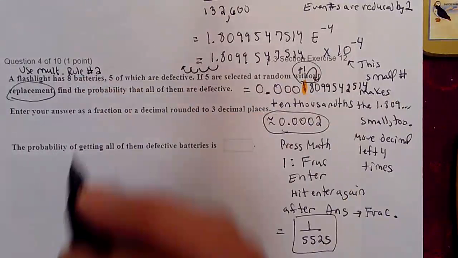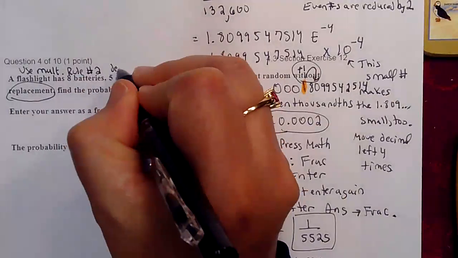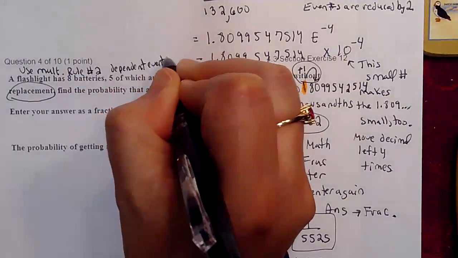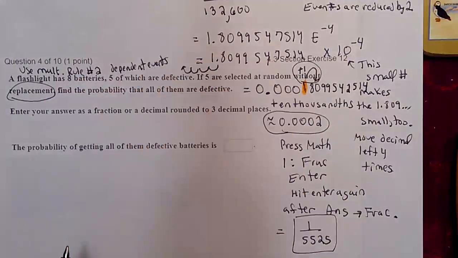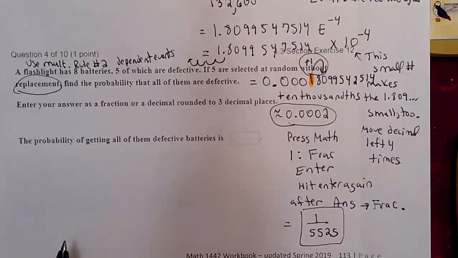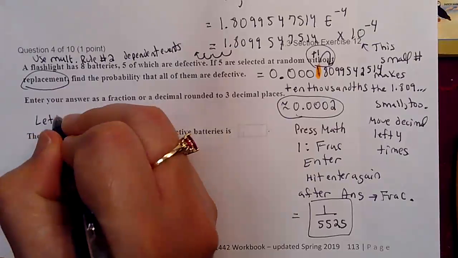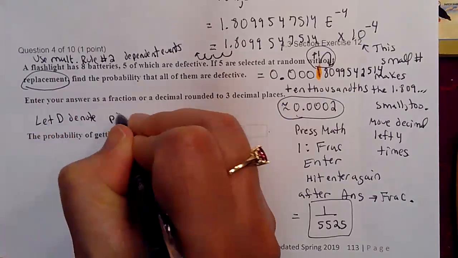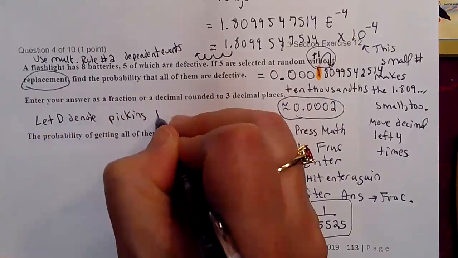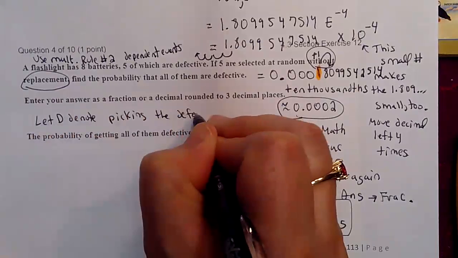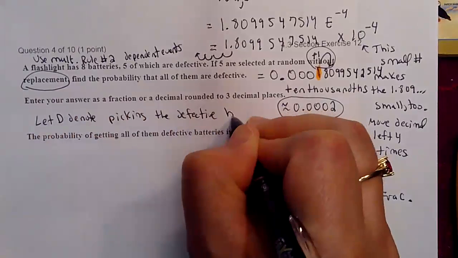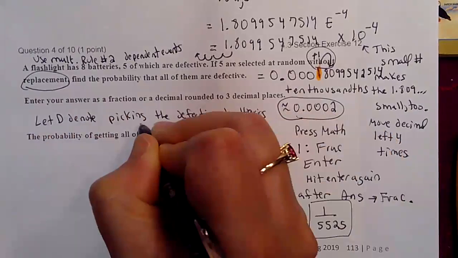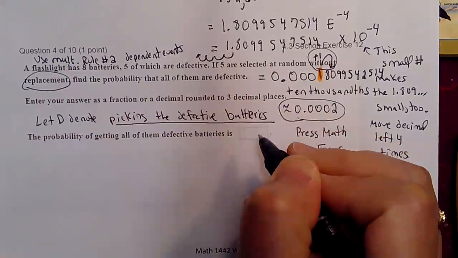These are dependent events when they say without replacement. And so I'm going to let D denote picking the defective battery or defective batteries.